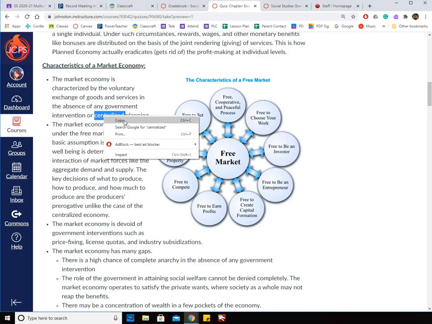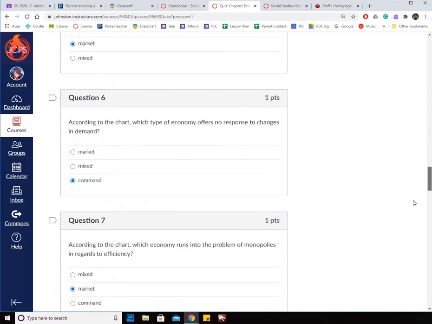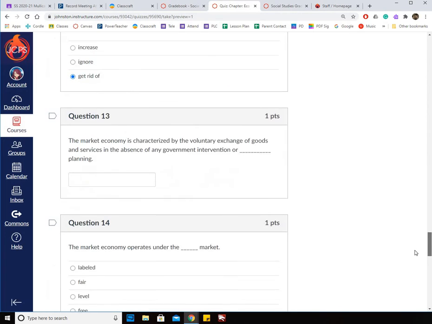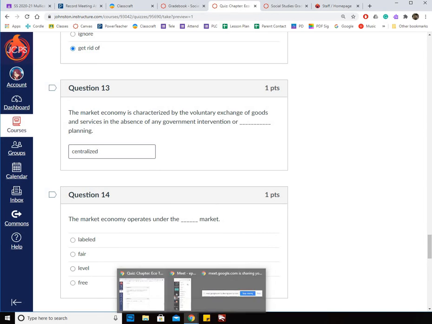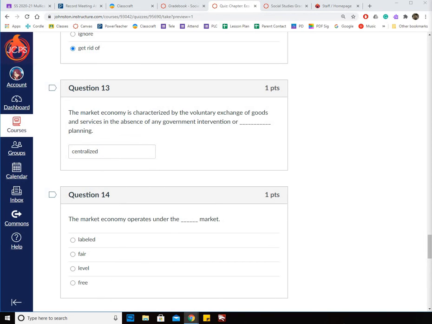So centralized. And I am going to paste that in the chat. So you might want to copy and paste it so that you don't spell it incorrectly. And also, if you're following along in here, you can also copy and paste it from the top.